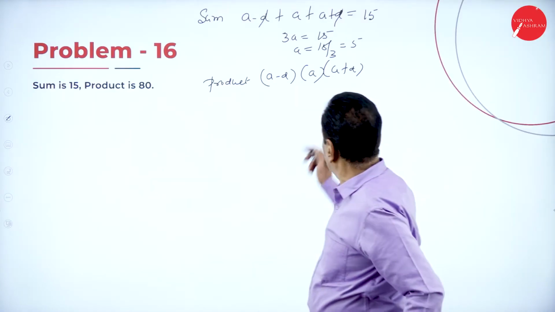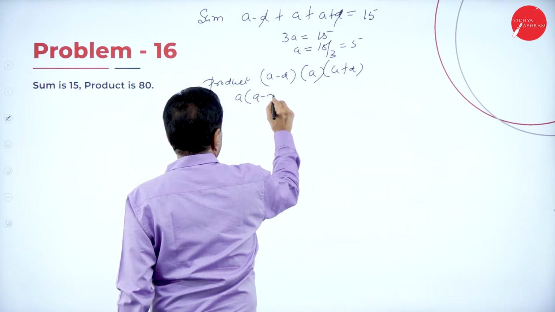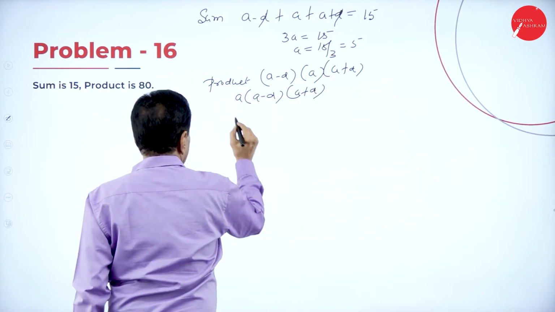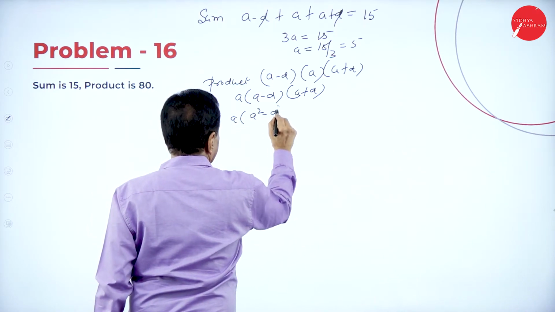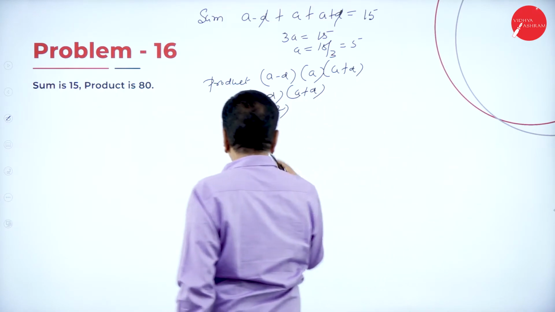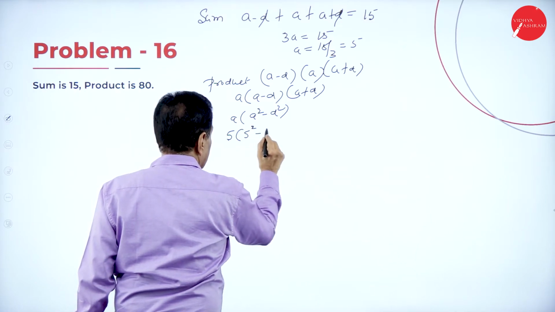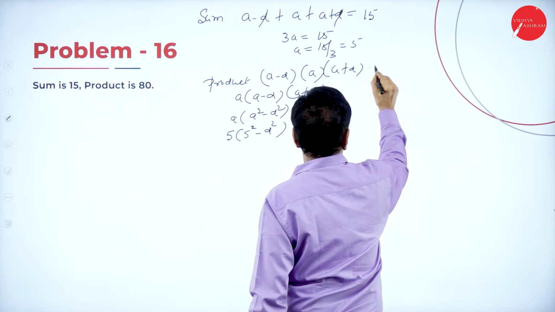You come back to formula product. A into A minus D into A plus D can be written as A into A square minus D square. This is a formula. What's your A? 5. 5 square minus D square is equal to 80.